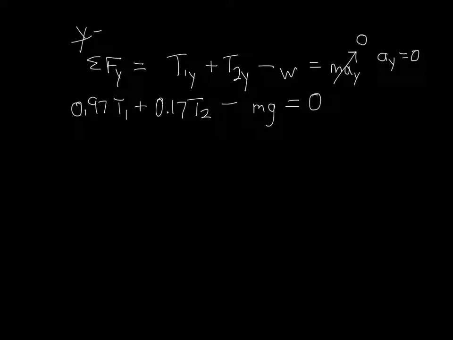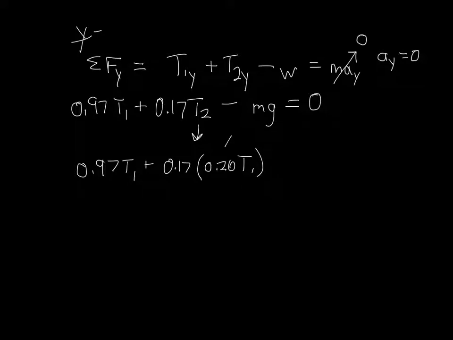So what I can do is I can take the T2 that I solved for in the previous part, and I can plug that in for T2. So I get 0.97 times T1 plus 0.17 times T2, which we just found was equal to 0.26 times T1.